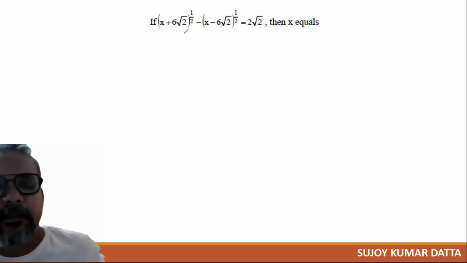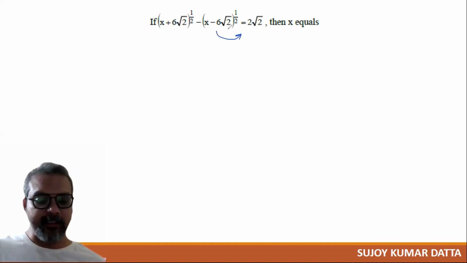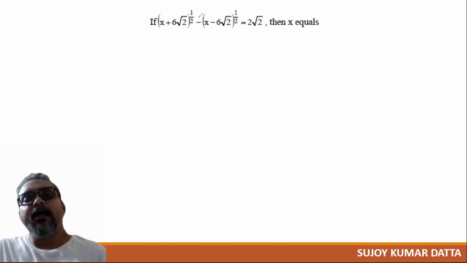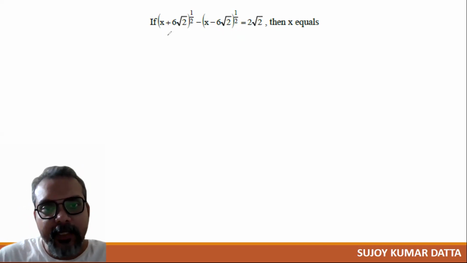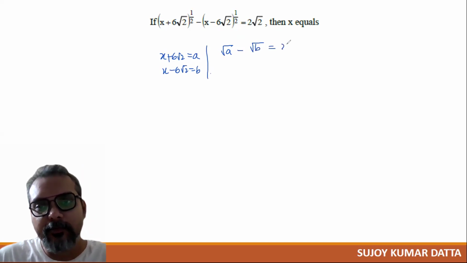So now here, if I were to take it to this side and then square both sides, it won't really help much. It will actually make things more complicated. But then you can observe that if x plus 6 root 2 was a, and x minus 6 root 2 was b, let us say, what you have here is root a minus root b is 2 root 2.